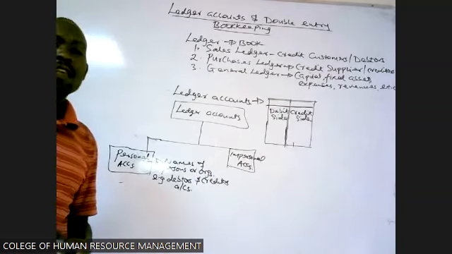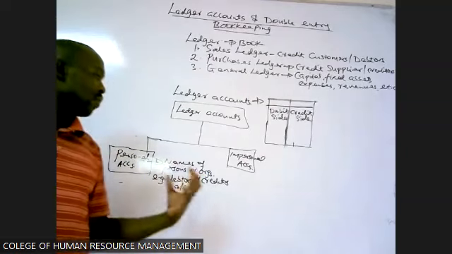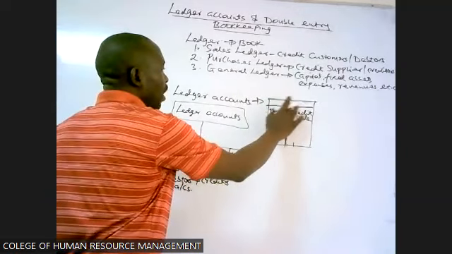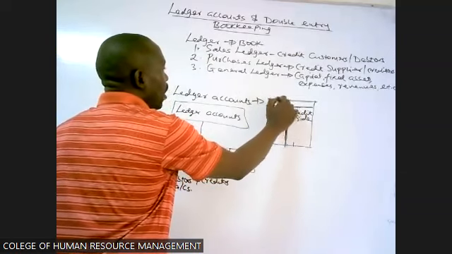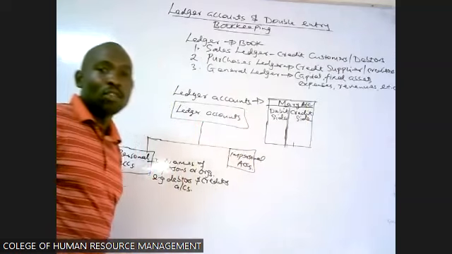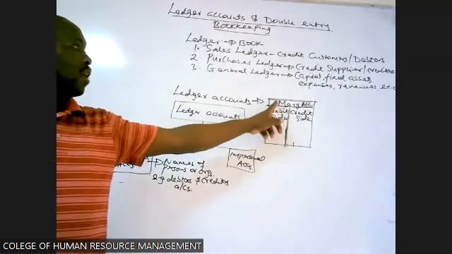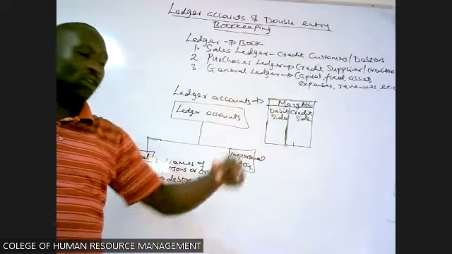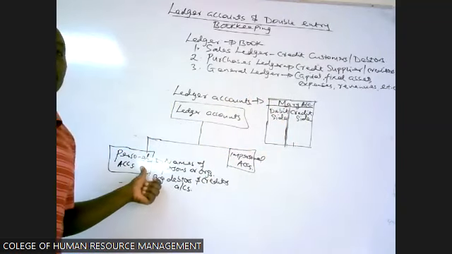The reason why they are known as personal accounts is because these accounts are going to contain the name of a person. Like for example, if this was an account, maybe it is an account for Mary, who was our credit customer. So we have written the name of a person there. The moment it contains the name of a person, then it becomes a personal account.